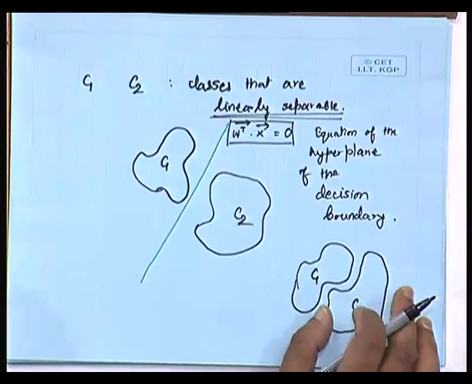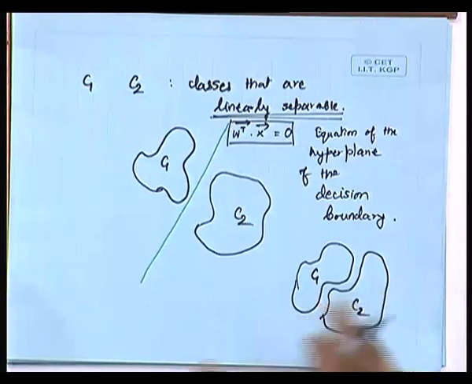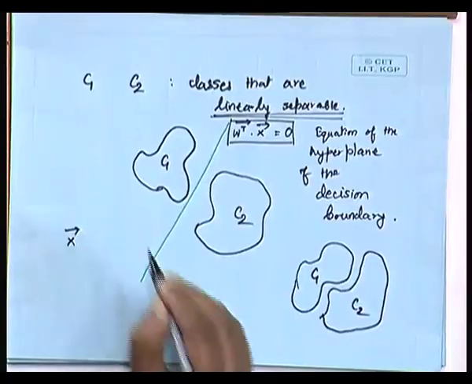Now, again we are referring to a two-class classification problem. So that means the pattern set that we have must belong either to the class C1 or to the class C2. You pick up any input vector x from the m-dimensional space, and it is either going to lie in C1 or in C2.